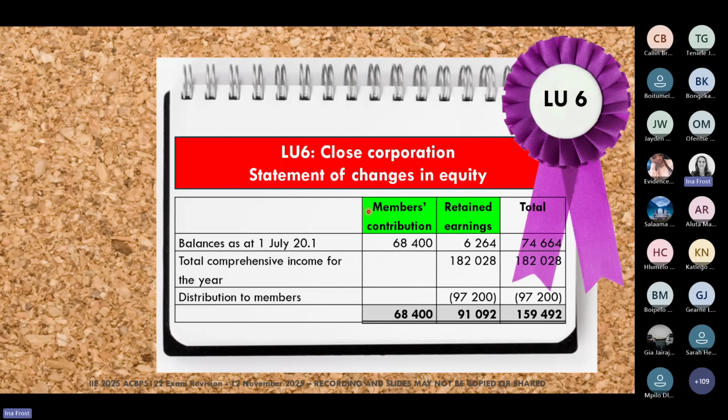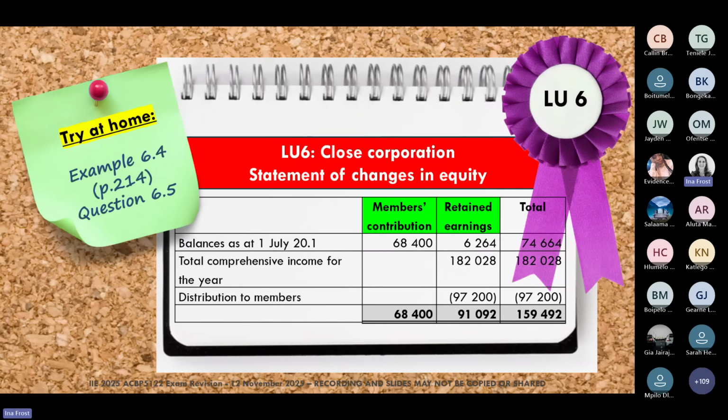In other words, that's the capital that the members put into the closed corporation. And then there's a special column for the retained earnings or undrawn profits. For this one, you can look at example 6.4 and question 6.5.